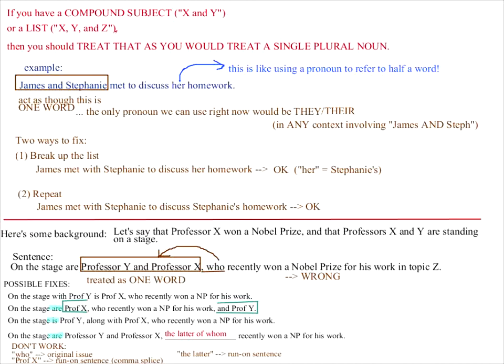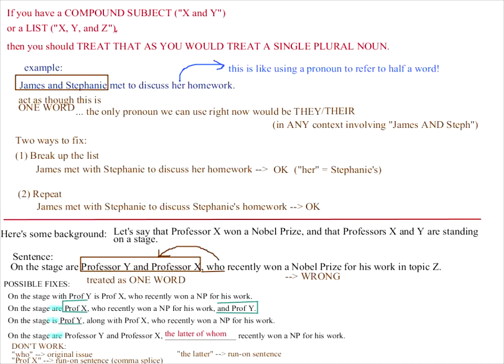So there you go. On the other hand, what is the subject here? I mean, should this be are, or is this okay with is? What is the subject of this sentence in the text box? What's the subject? A couple of you are typing, yeah, the subject of this sentence is just Professor Y. Because along with doesn't do this.